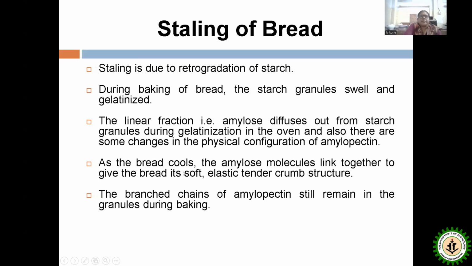As the bread cools, the amylose molecules link together to give the bread its soft, elastic, and tender crumb structure. The branched chain amylopectin molecules still remain inside the granules during the baking process.